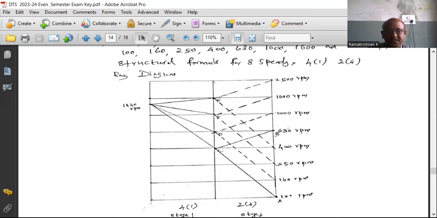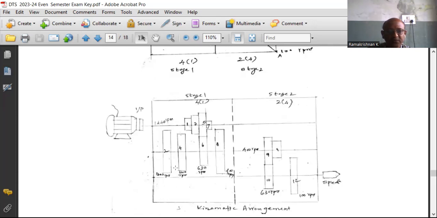That is 400, 630, 1000, 1600. So the 4 output speeds should be there, but you draw the 7 as the smallest gear. So you have the greatest reduction, 400. Then gradually for the medium gears, you denote the output speeds 1600 RPM, 1000 and 630.